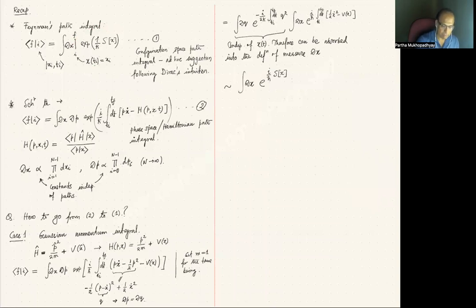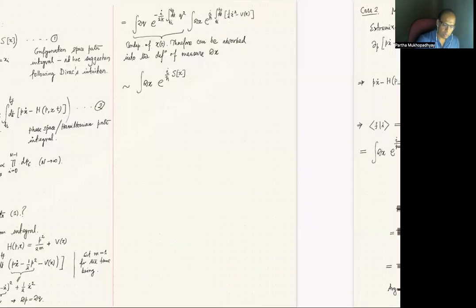The matrix element obtained from the Hamiltonian time evolution is exactly the same as the Feynman path integral, where it is given by this.